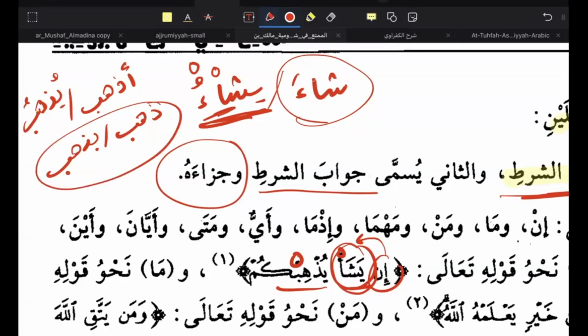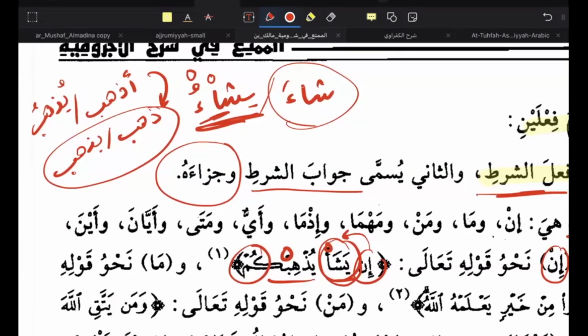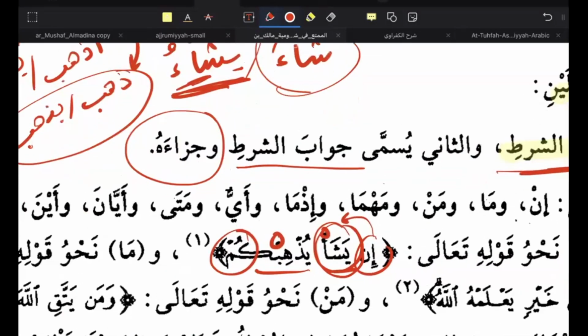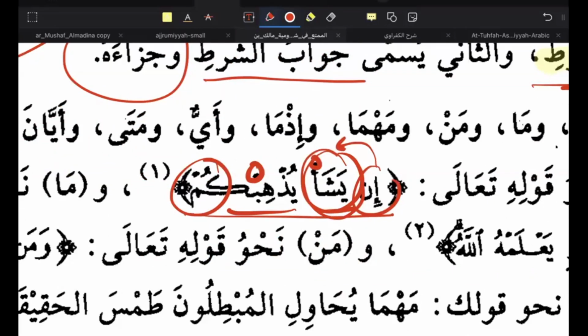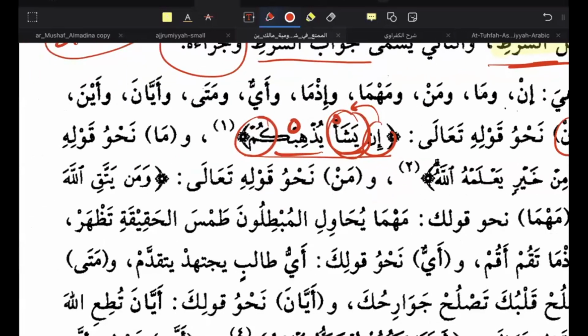Adhaba means making this verb transitive. Dhahaba means to go. Adhaba means to make someone go. So this verb now becomes transitive, and that's why kum is the maf'ul bihi. So the meaning is, Allah will make you go. The context of this verse is that if Allah wished, He would make you perish. He will make you go, eliminate you, and bring something else. So this is the context. Very interesting verse indeed.